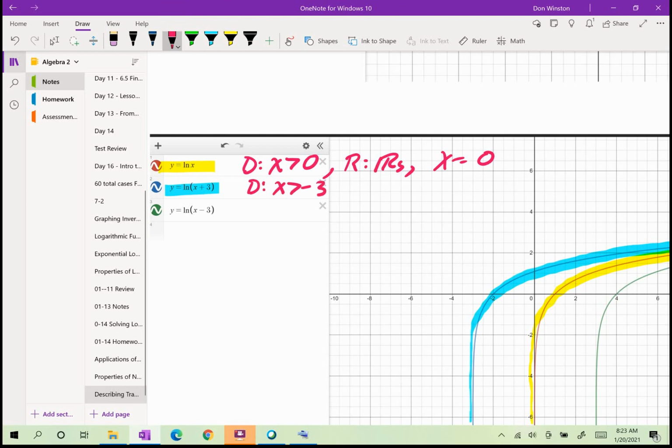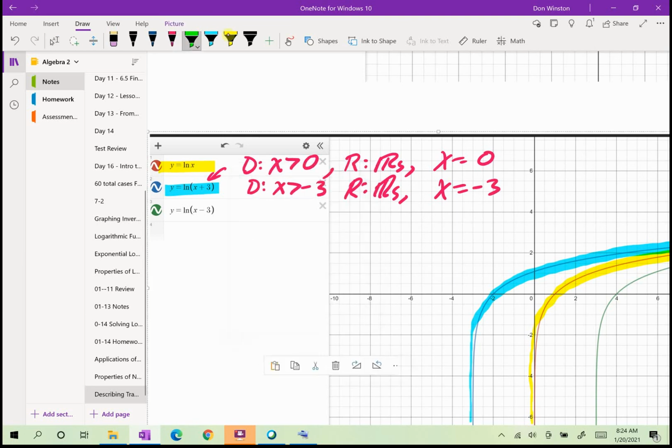Again, you can't take the log of a zero or a negative number, which means x can't equal negative 3 because negative 3 plus 3 would give me 0, and anything less than negative 3 would give me a negative. So my domain is x is greater than negative 3. The range is all real numbers. And then my asymptote is x is equal to negative 3.